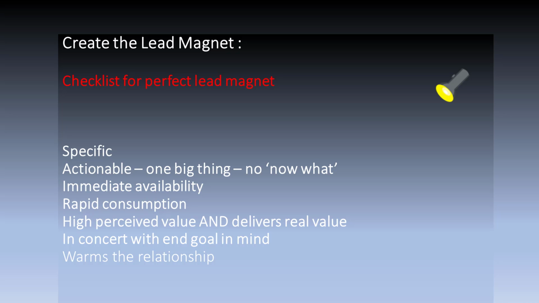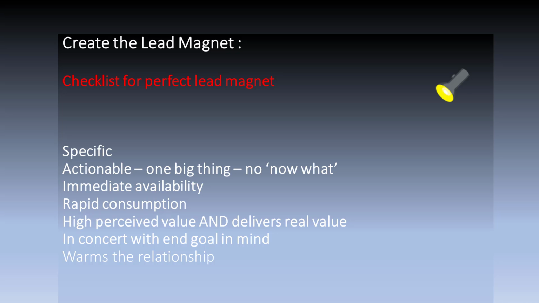It should be immediately available. That is, you should be able to just read it straight away and get the information, consume it straight away. It should have a high perceived value, and while it looks valuable, it should also be valuable. It should deliver real value, and it should also be designed with the end goal in mind. What is the purpose of the lead magnet and where are we going with this?